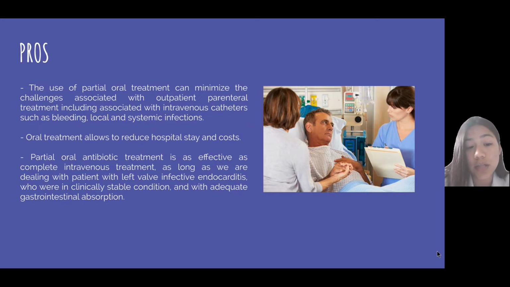Partial oral antibiotic treatment is as effective as complete intravenous treatment, as long as we are dealing with patients with left valve infective endocarditis, who are in clinically stable condition and with adequate gastrointestinal absorption.